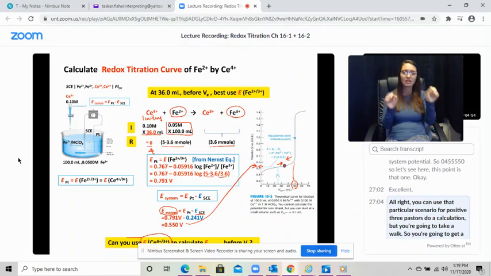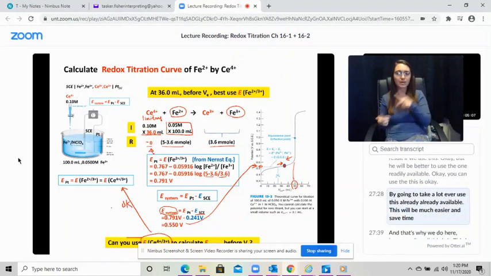You're going to get the same result if you use this, okay? But it would be better to use the one readily available. You can use this, it is okay, but it's going to take a lot of effort. Use this already available one. This will be much easier and save time.